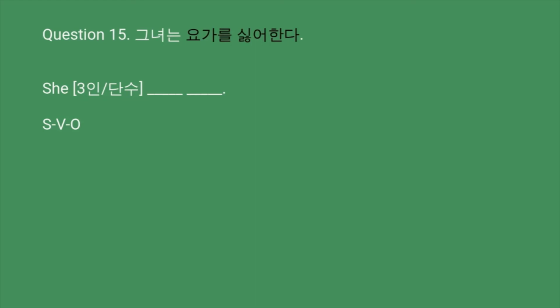So we've got to remember she is our third person singular. So the subject is third person singular, and don't forget in English it's the verb that comes before the object. So subject, verb, object. 요가를 싫어한다. So you need to put this into English.